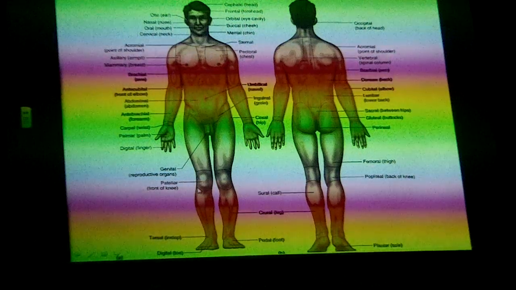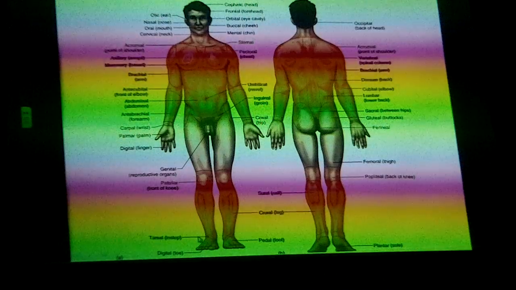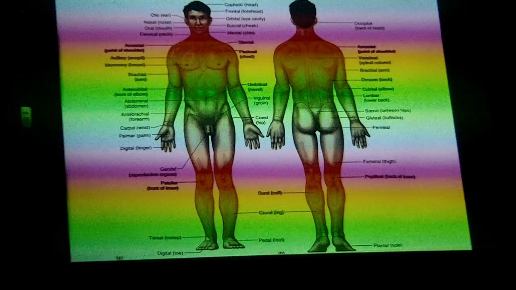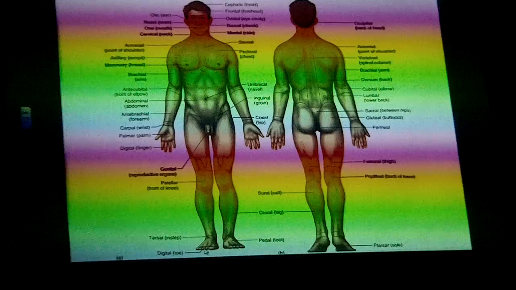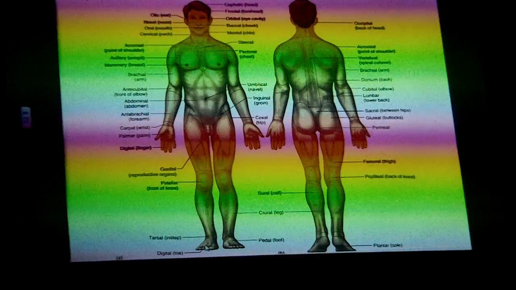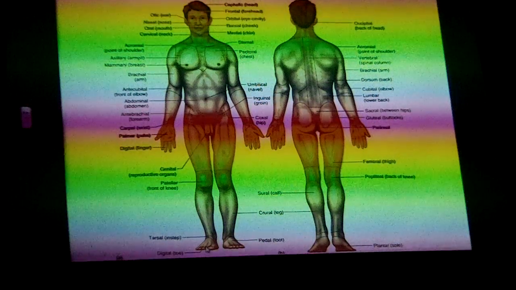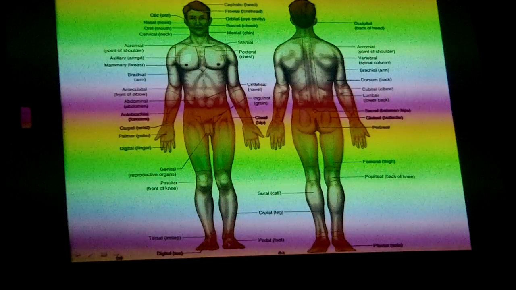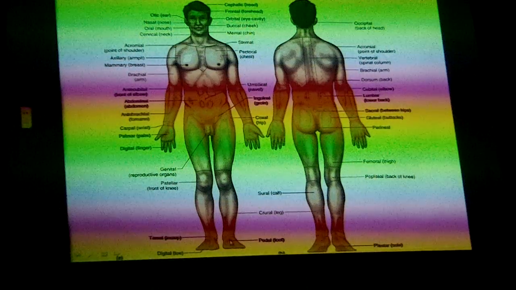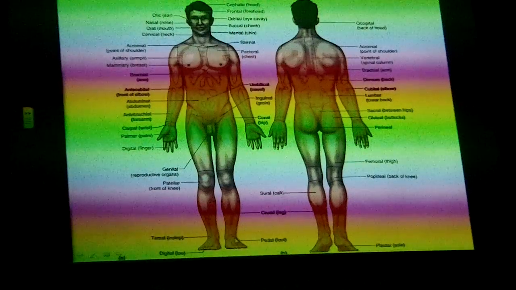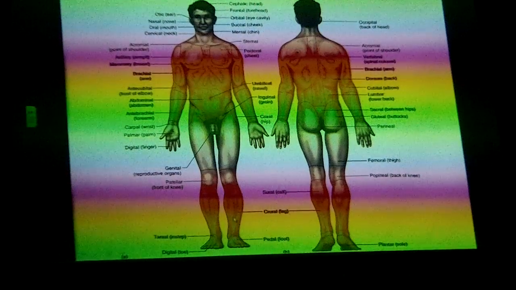Patellar. The tarsal is the instep. The toes are the digital. The foot is pedal, like pedals on a bike. And the leg is crural.